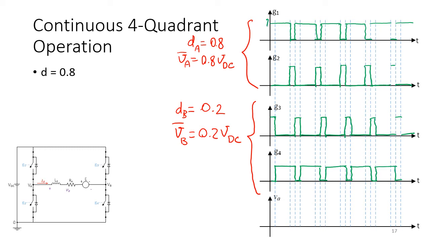So here is 1 0 1 0 1 0 1 0, and here we have the time t, 2t, 3t, 4t, and 5t for the time cycles. Then as a result, VA average will be equal to 0.6 VDC.